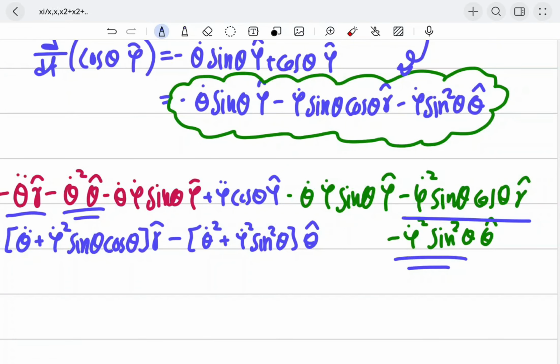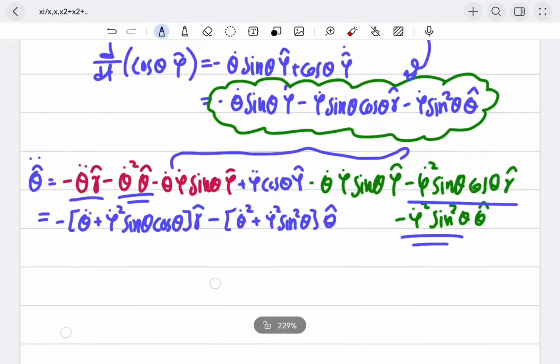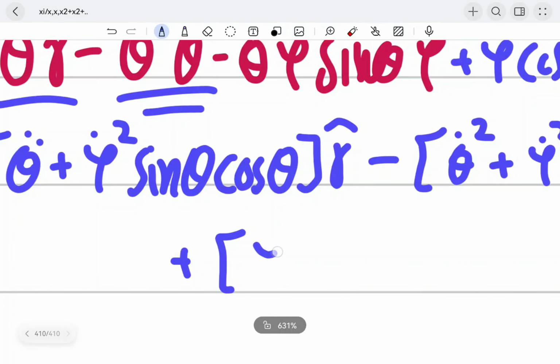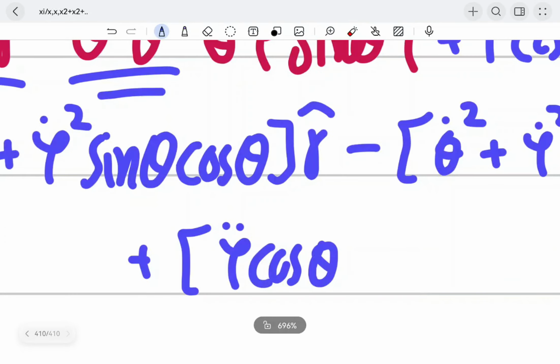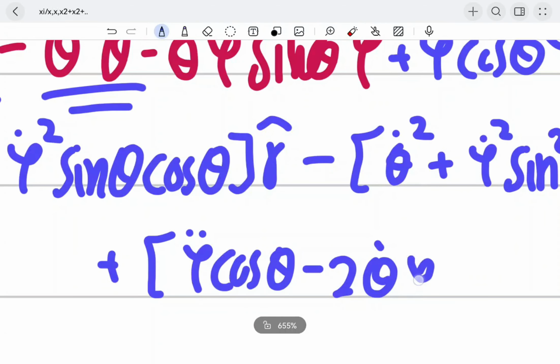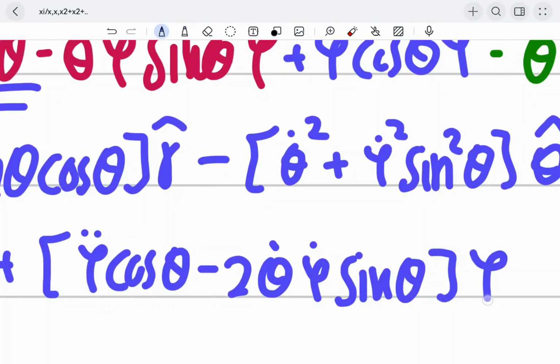And for the phi component we have these three terms: phi double dot cosine theta minus 2 theta dot phi dot sine theta, phi hat.